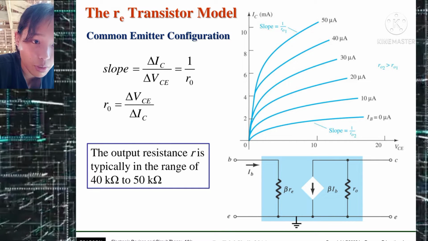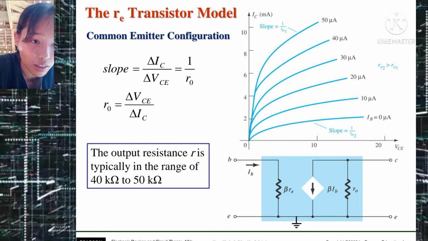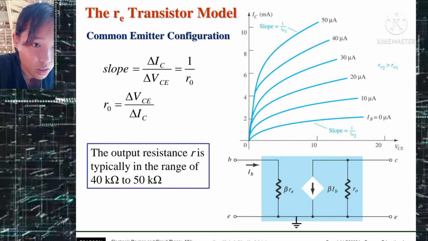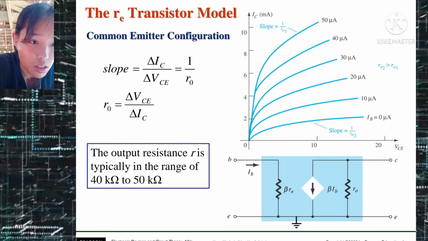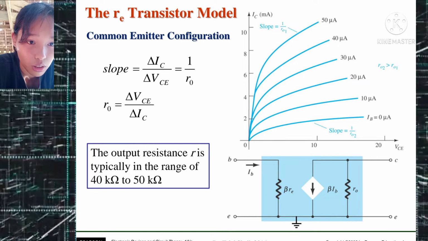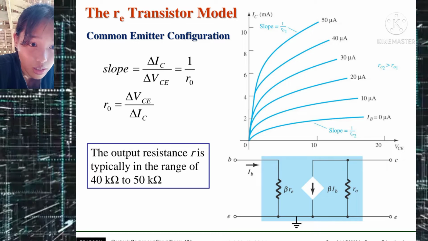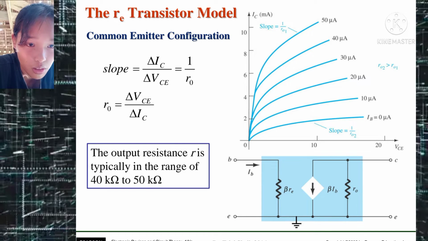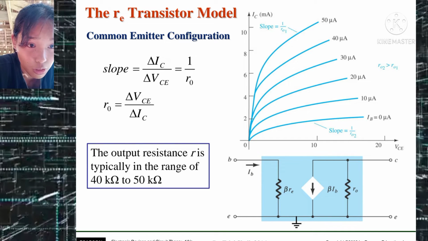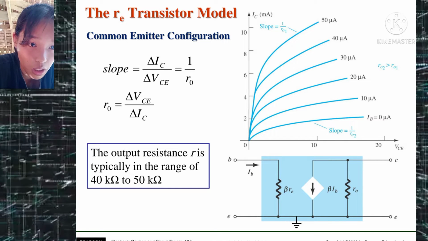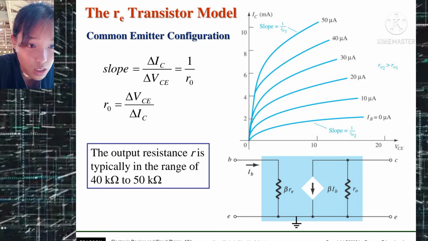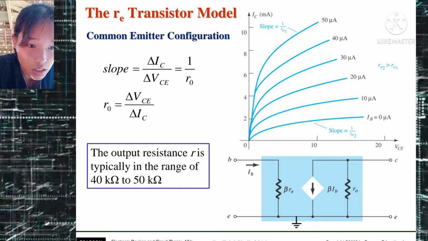We must remember that as the base current increases, the slope of the line increases, resulting in an increase in output impedance with an increase in the base and collector current. For a particular collector and base current as shown in this figure, the output impedance can be found using the following equation. Our output impedance will be equal to change in V divided by change in I, equals VA plus VCEQ over ICQ.